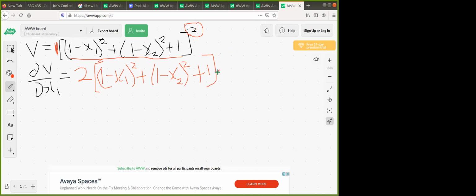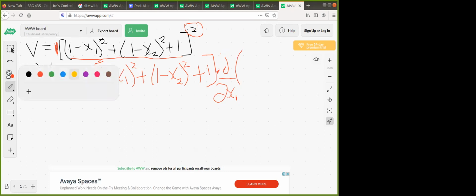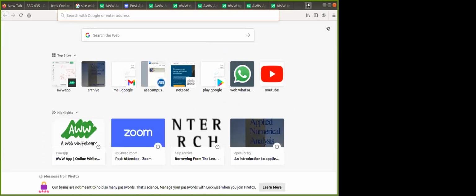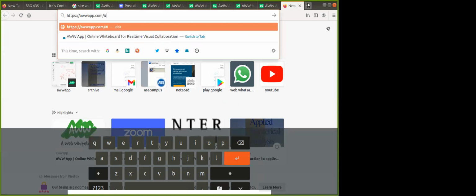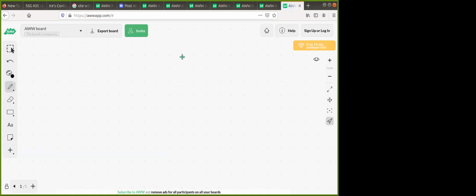Then multiply it by the differential with respect to x1 of this whole function here. Okay, let me do a simple example so that it's not looking weird. So you have something like y equals x squared.